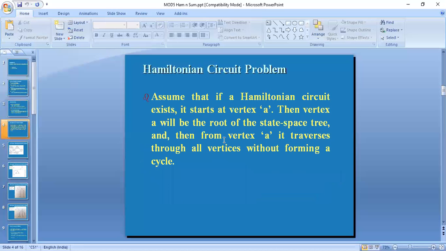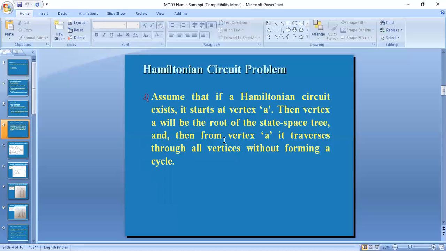So here you are given this Hamiltonian circuit. What do you mean by Hamiltonian circuit? The Hamiltonian circuit problem is similar to the traveling salesperson problem. We have already seen the traveling salesperson problem in the second module, where we used the brute force method to obtain the solution by using exhaustive search.